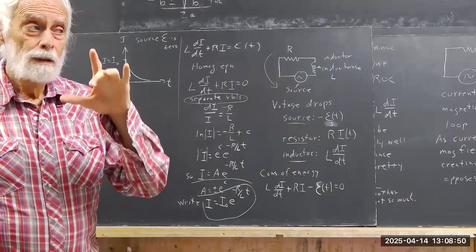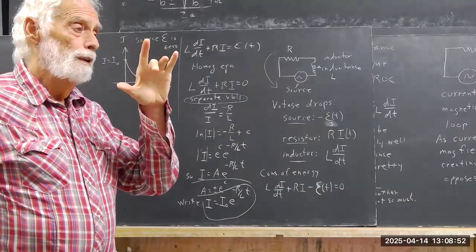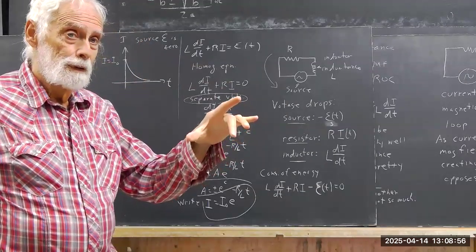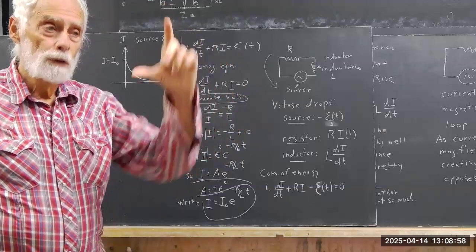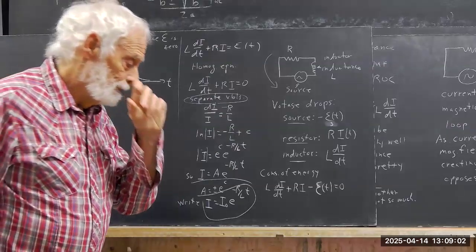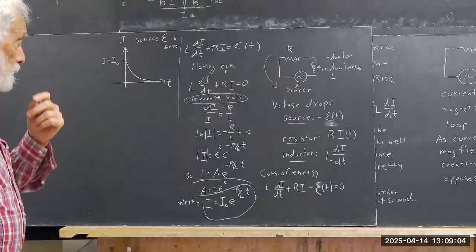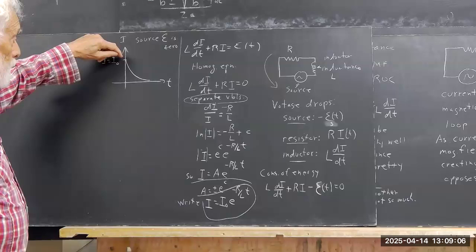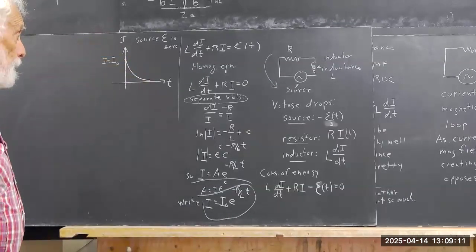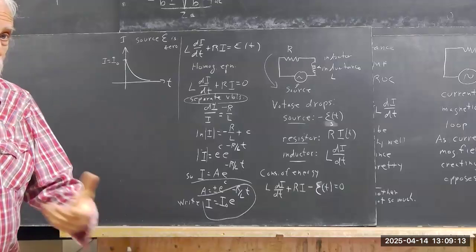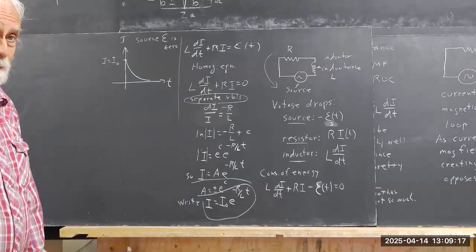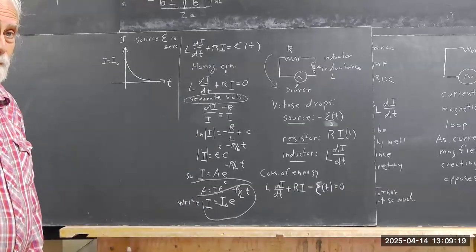We can set the interface to trigger when the current starts to change. And then we get to observe this and compare it with what we get theoretically from our inductor. Okay. Fair enough.